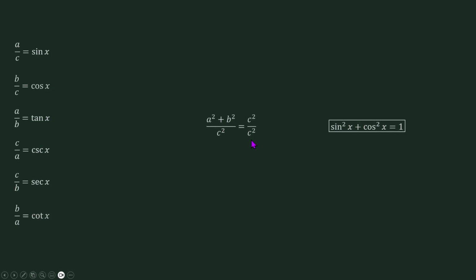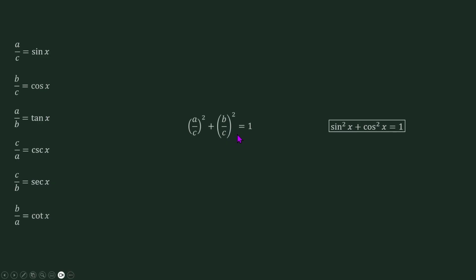After that, c square over c square will become 1. And this term, a square plus b square over c square, we can separate as two terms. a square over c square we can rewrite as a over c to the power of 2, and the same for b square over c square, b over c to the power of 2.